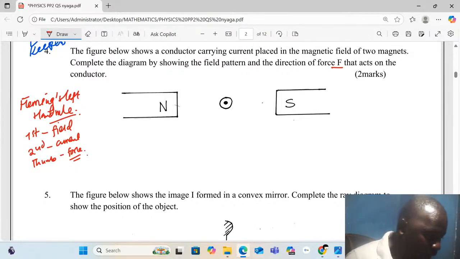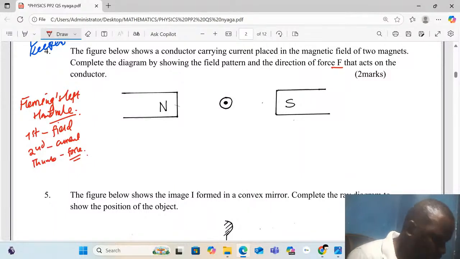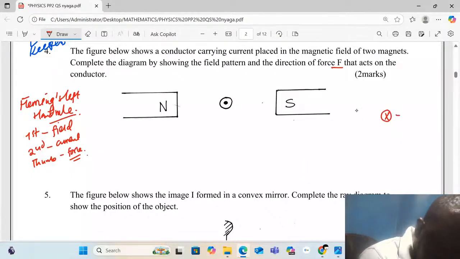So how will this one happen? The first thing is you need to look at the direction of the current. A cross in a circle means current into the paper, and a dot in a circle means current out.